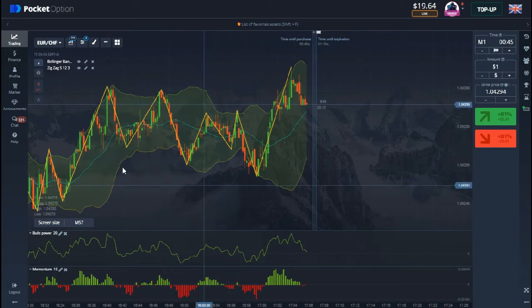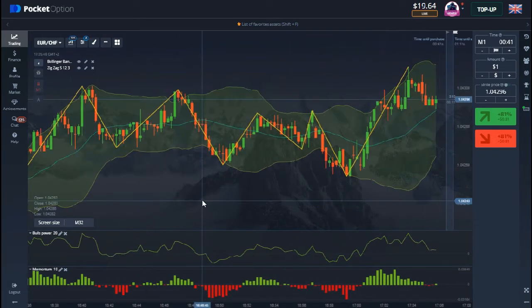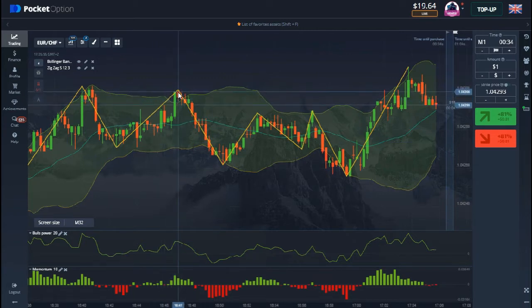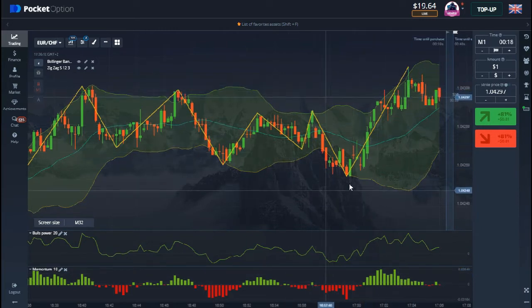The strategy is the ZigZag: when the market goes to this area, for the breaks or the not break also, you have to verify with Bulls Power and Momentum, then take the trade for lower, and here is for up. Okay guys, I am telling how.